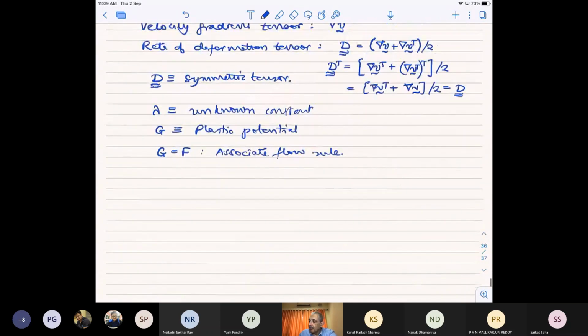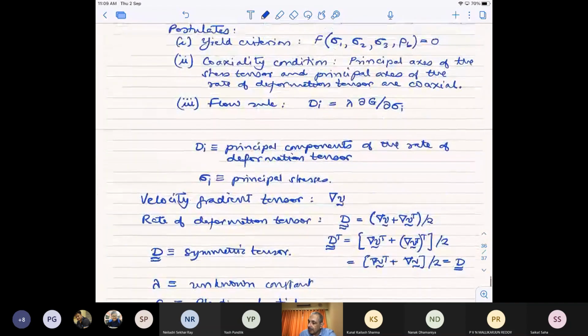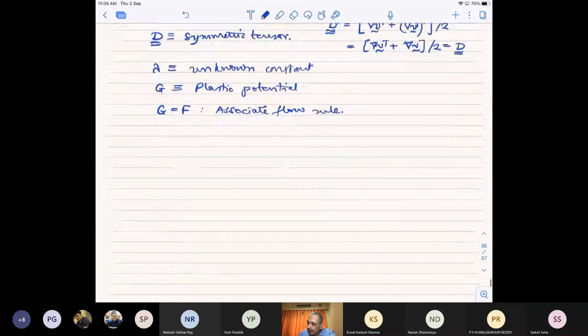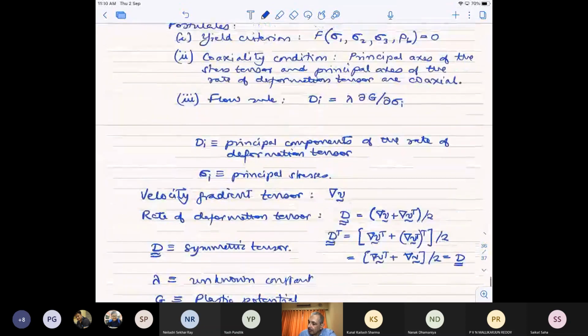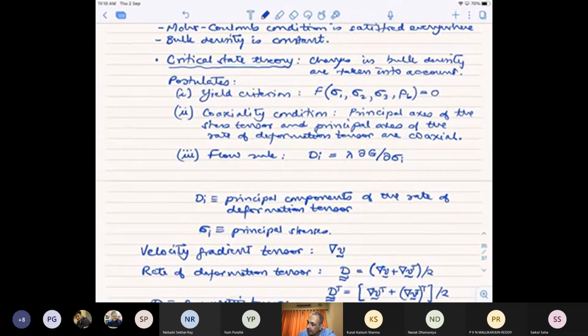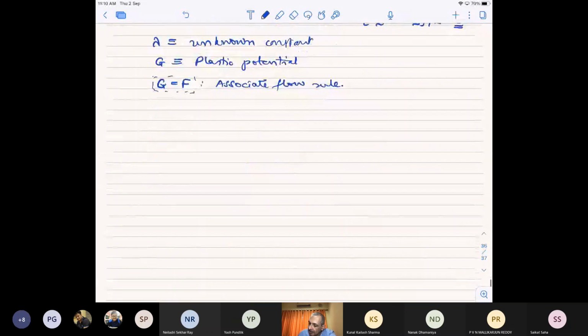That means the flow rule and the yield function are associated with each other, so we have only one function. F is equal to 0, and d i is lambda times dF by d sigma i. So these are the two approaches that we will use.